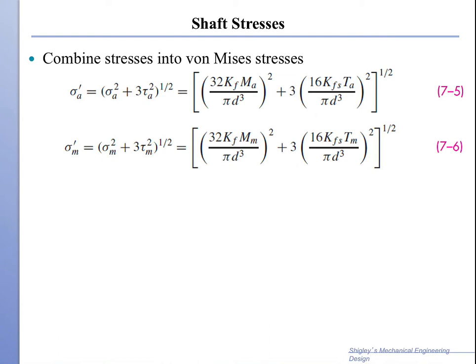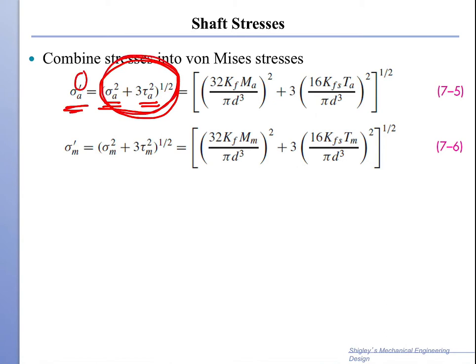Generally, we would have an alternating bending stress and a shear stress, and therefore we use the simplified form of the von Mises formula to give us the effective alternating stress.